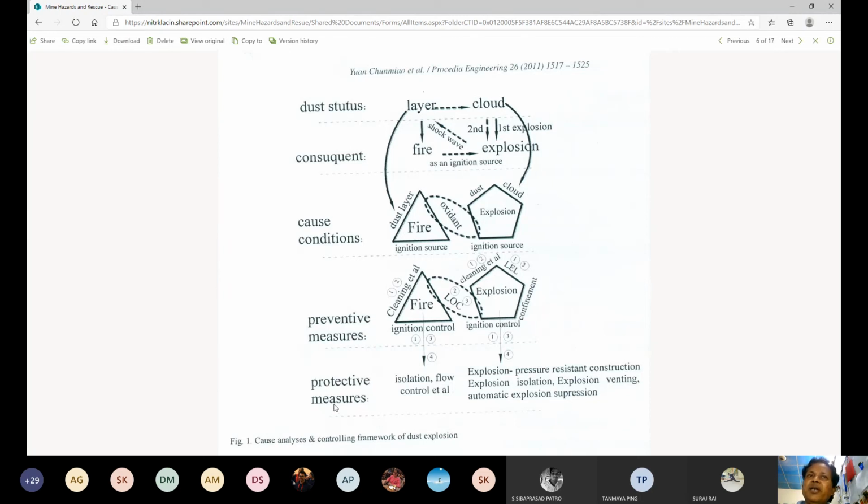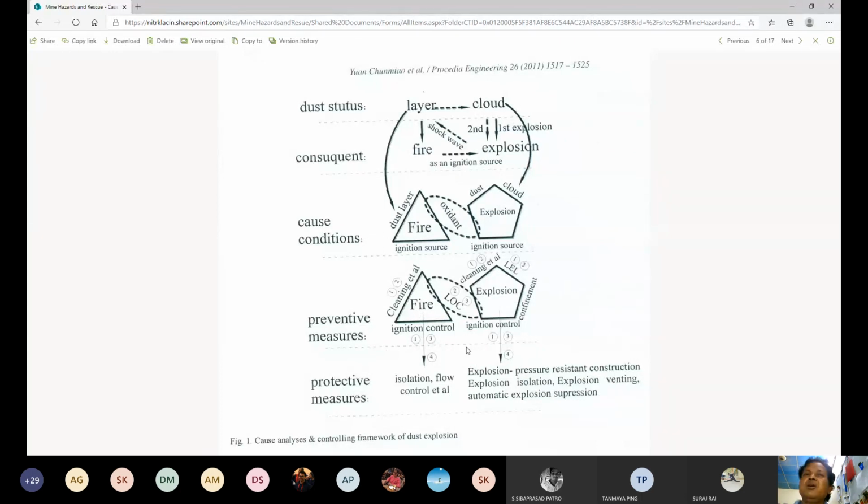And these are the protective measures: isolation, flow control, explosion pressure resistant construction material, explosion isolation, explosion venting, automatic explosion suppression.